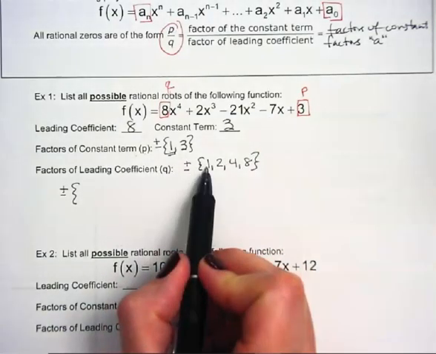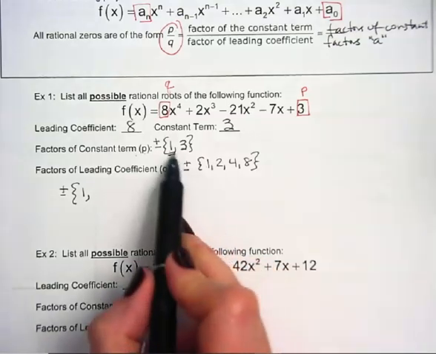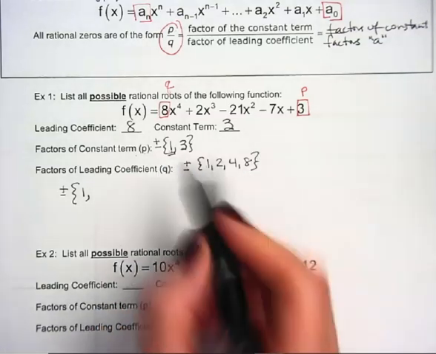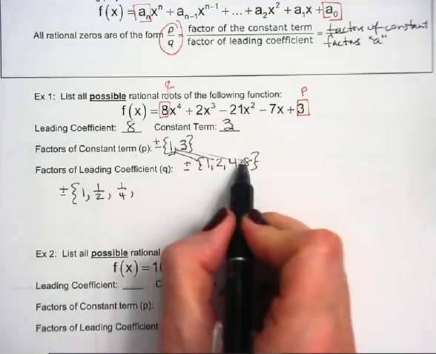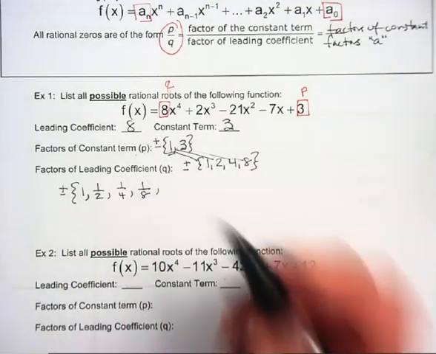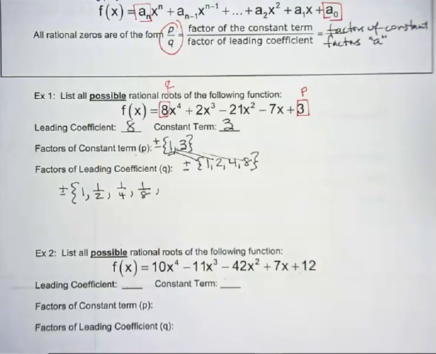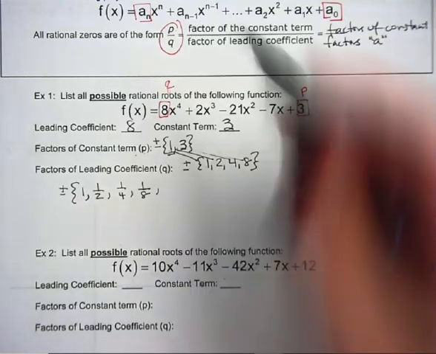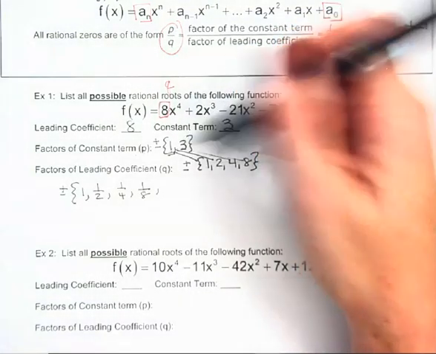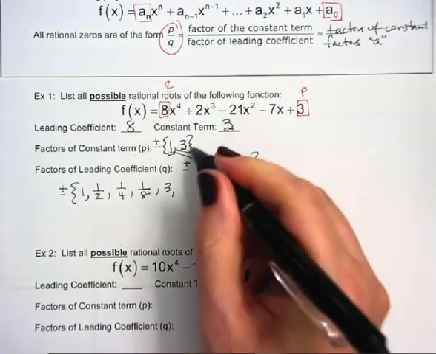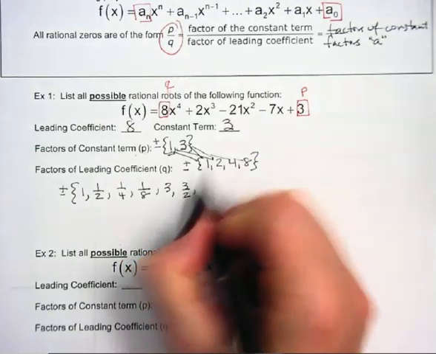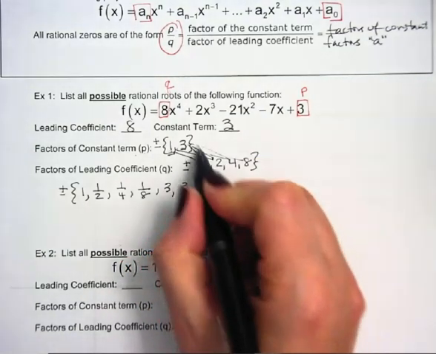So I'll have 1 over 1, which is 1, 1 over 2, 1 over 4, and 1 over 8. So there are 4 potential zeros for my polynomial. And now I'm going to do the same thing using the 3 as a numerator matched up with all these as denominators. So 3 over 1, which is just 3, 3 over 2, 3 over 4, and 3 over 8.